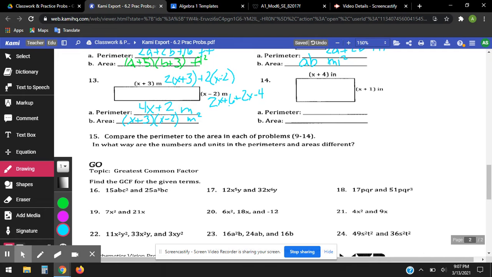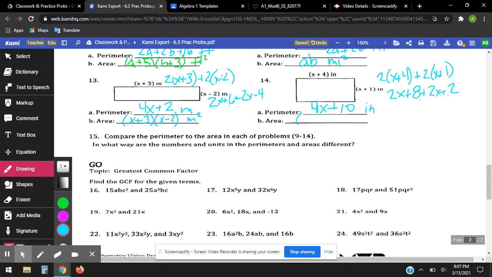Again, we haven't talked about how those multiply yet, so we're not going to worry about simplifying them any farther at this point. All right, and this last one, I have 2 times x plus 4 plus 2 times x plus 1. So that's 2x plus 8 plus 2x plus 2. It's a total of 4x plus 10, and that's inches.